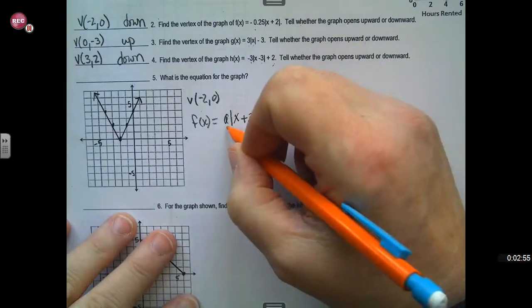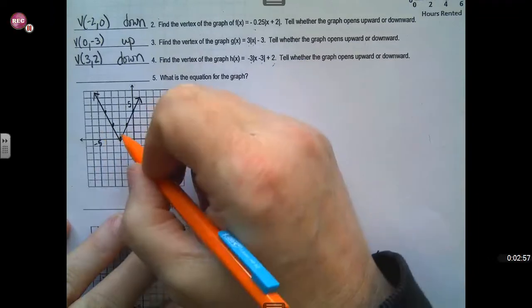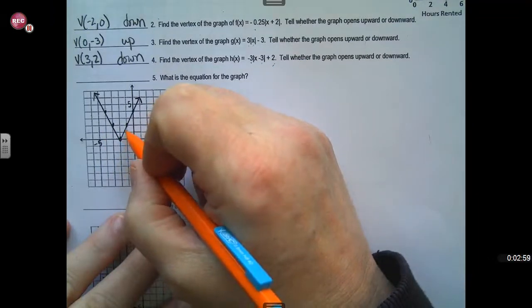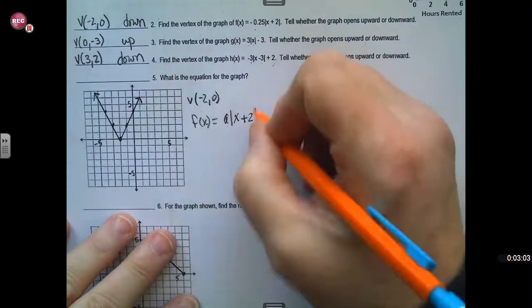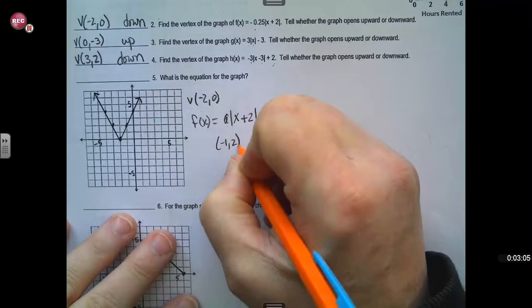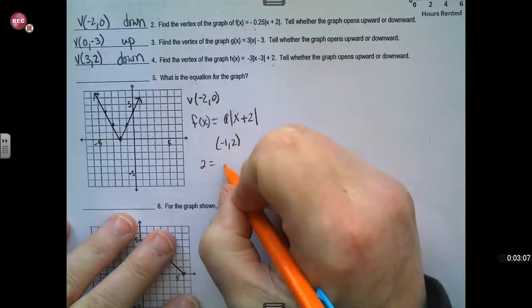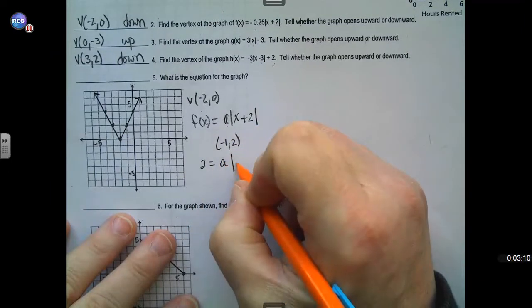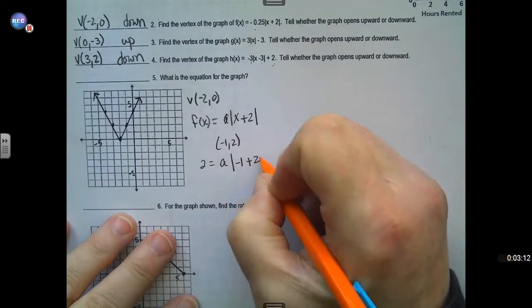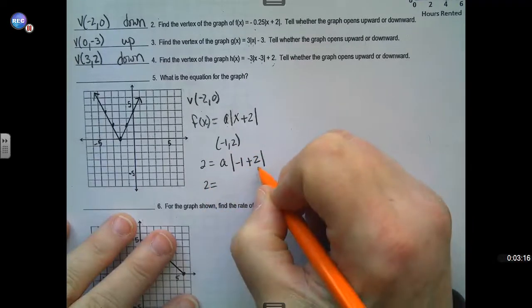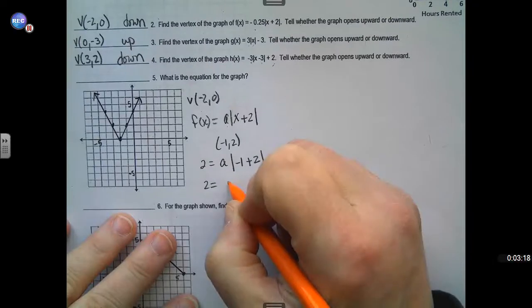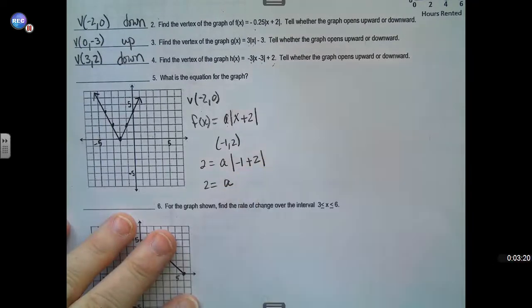To figure out what a is, I could use this point, which is at -1, 2, and plug it in. 2 equals a times the absolute value of -1 plus 2. So 2 equals a, right? Because -1 plus 2 is 1.